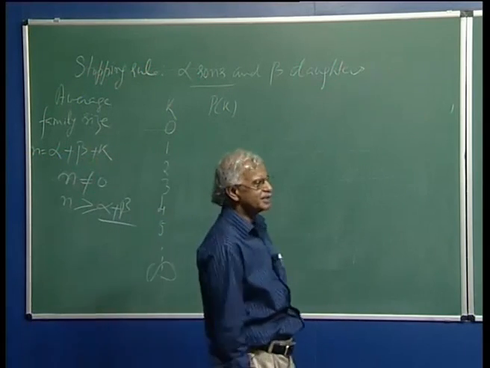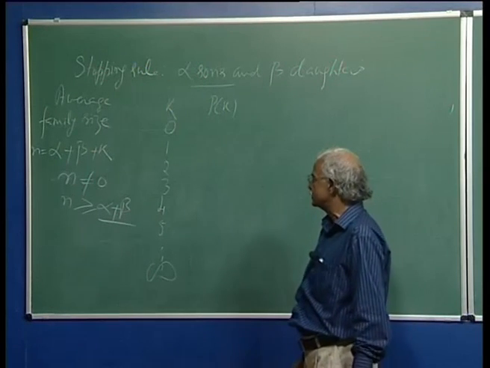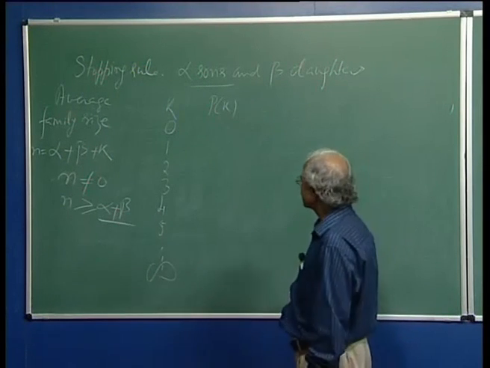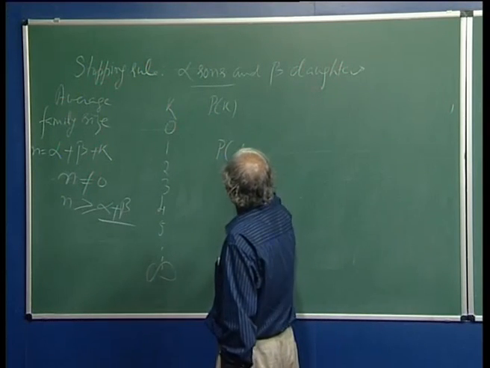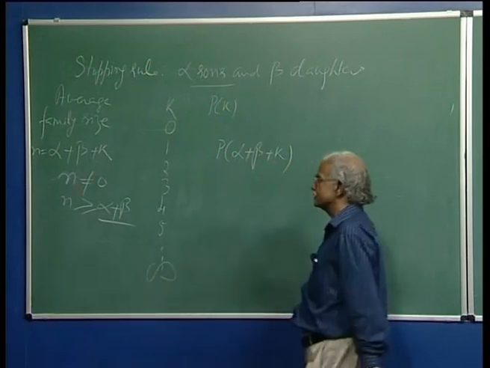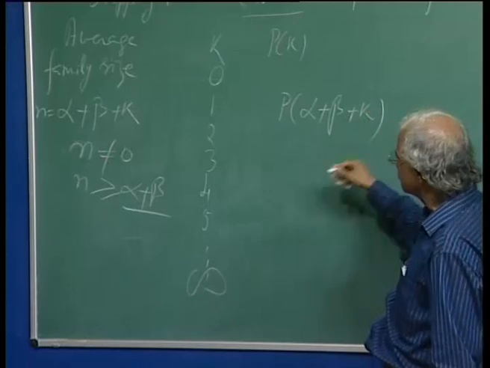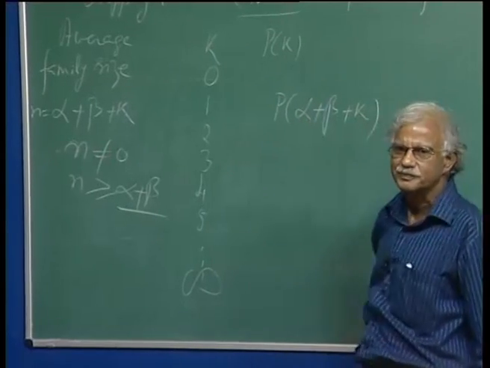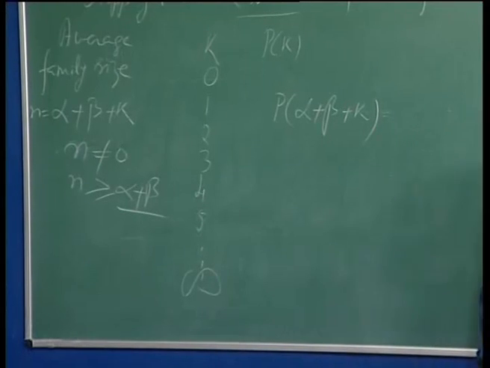We want to know the probability of k equal to 0, the probability of k equal to 1 and so on. In general, let me write the probability of alpha plus beta plus k children. You just put values of k, 0, 1, in this expression and you will get these probabilities. Now, there are two types of couples.